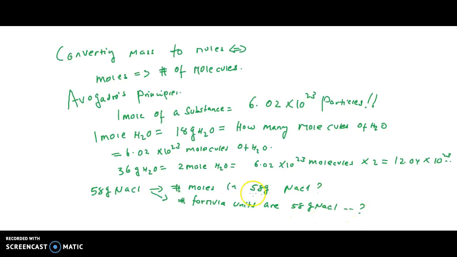One way to do this: 1 mole of sodium chloride is how many grams? Sodium has 23 grams and chlorine has 35.5 grams. If you add them, it's 58.5 grams. We're going to continue this in a minute.